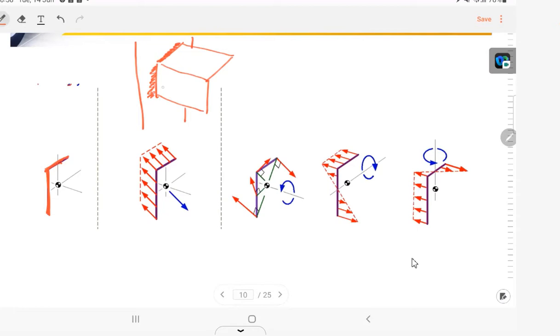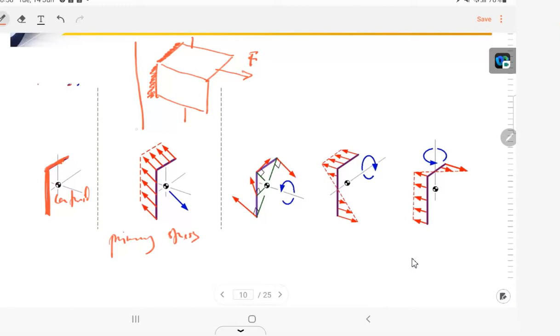So if this is the force, so the force here, we need to calculate the centroid of the weld here. This is the force. So this is for the primary. We need to calculate for the primary stress.